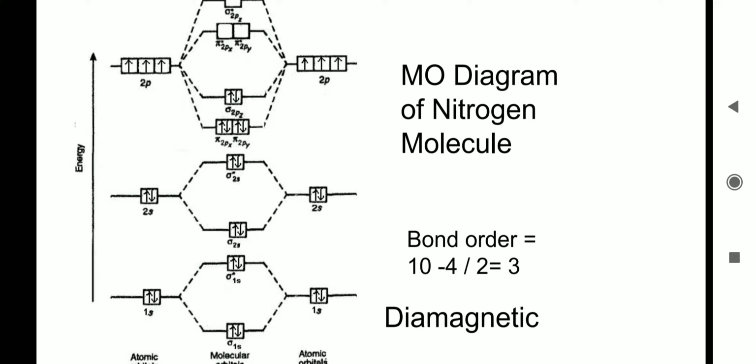And 4 electrons in antibonding molecular orbitals are present in sigma star 1s and sigma star 2s. So on calculation, the bond order for this molecule comes out to be 3, which means that there are 3 bonds, 1 sigma and 2 pi, between the nitrogen atoms in this molecule.